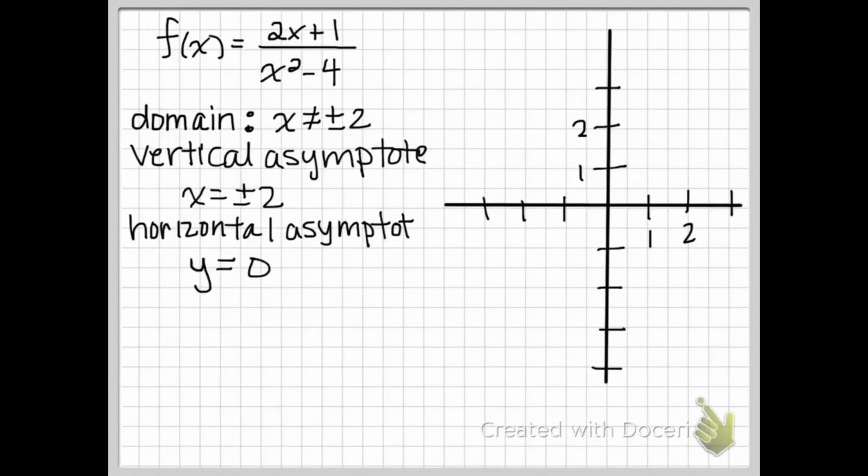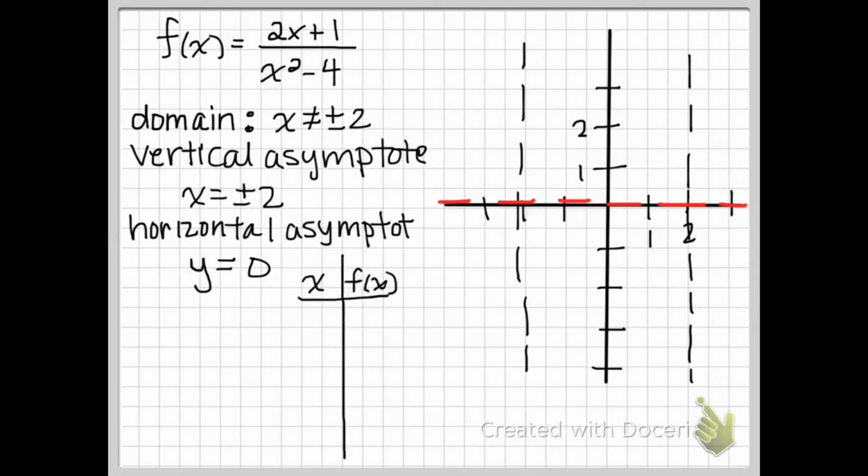Graphing it, I'm going to graph the vertical asymptote at positive 2, if you look at the graph on the right, and negative 2. And I'm going to graph a horizontal asymptote at y equals 0. I just put that in red.